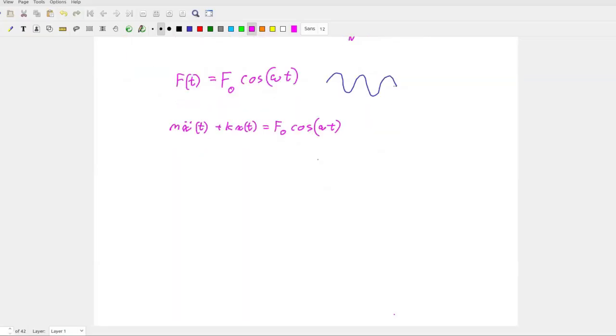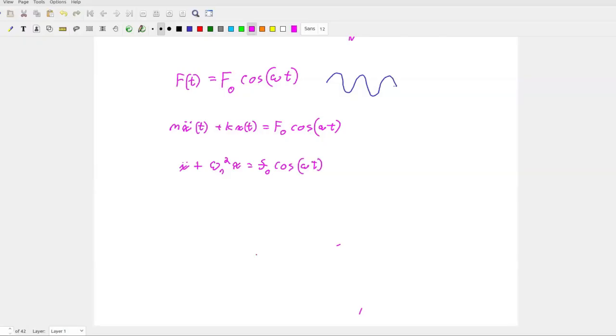If I want to get this into a standard form, I need to divide by what leaves my acceleration term. So I'm going to be left with x double dot, I'm going to drop the t, plus omega n squared of x equals, now I've got a lowercase f naught cosine of omega t, right?